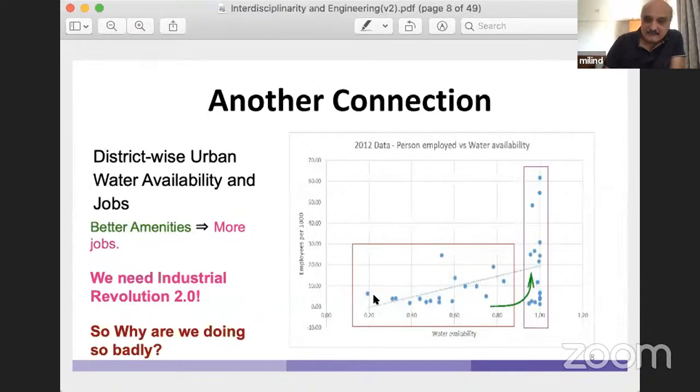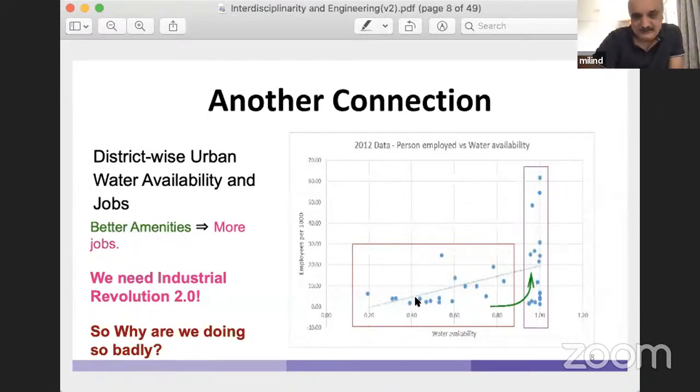So what do we see? We see that the districts have to move to the right, that is, improve their water availability, before jobs start rising. So there's a transition which all of them have to make, to the right and then up. By the way, Aurangabad is an exception because it's an old industrial district which had very, very good water supply about 30, 40 years ago.